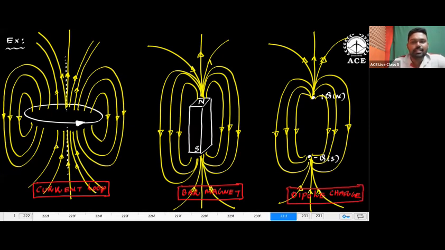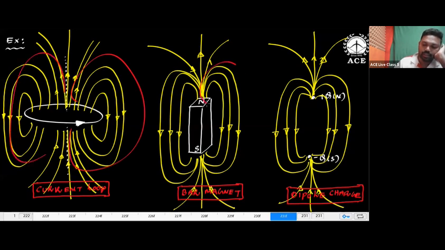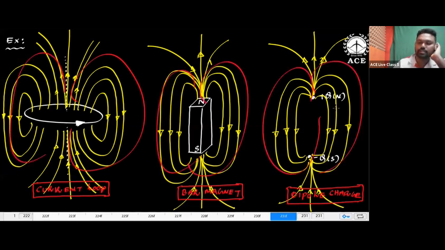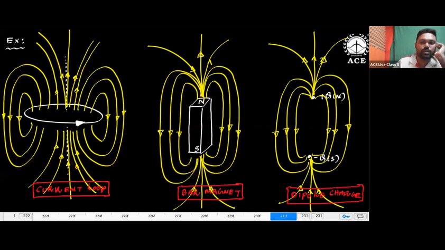That means the nature of the magnetic field around the current loop is like this, here also like this, here also like this. So the nature of the magnetic field around the current loop, the bar magnet and the dipole charge are the same. So this is equivalent to this one, and this is equivalent to this one.